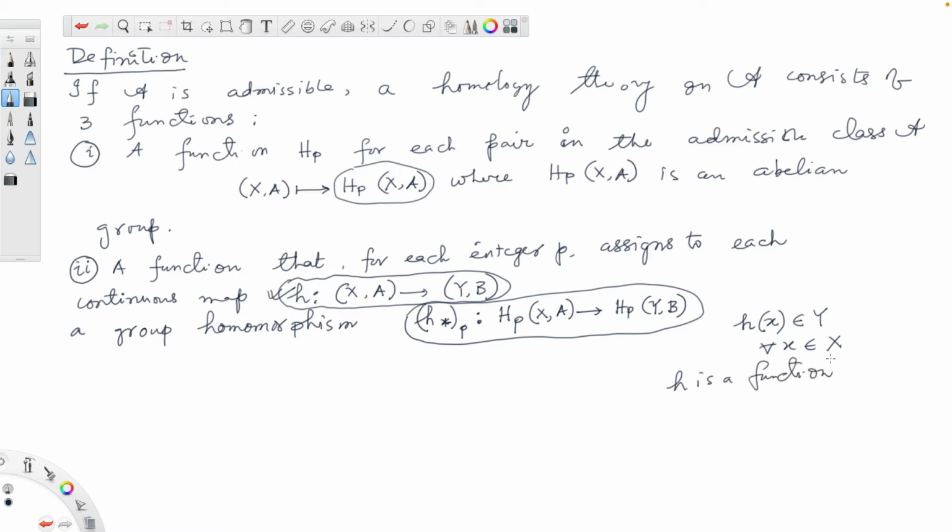So now we are describing that morphism between two objects in the category of admissible class of pairs of spaces.